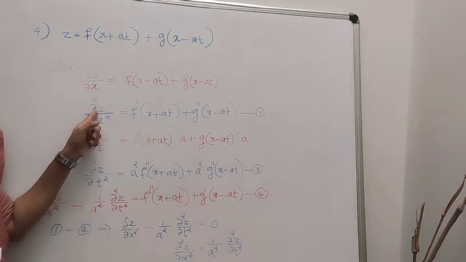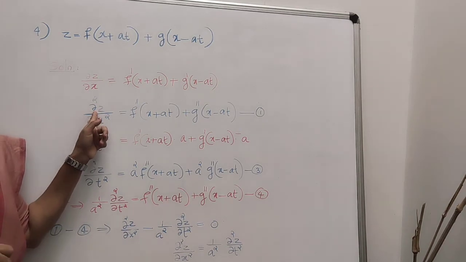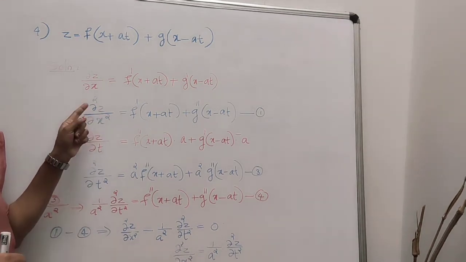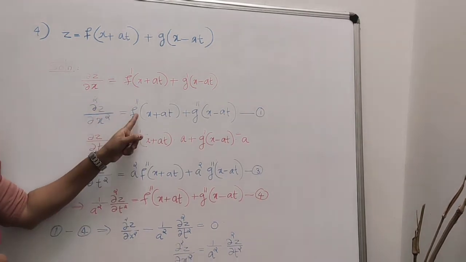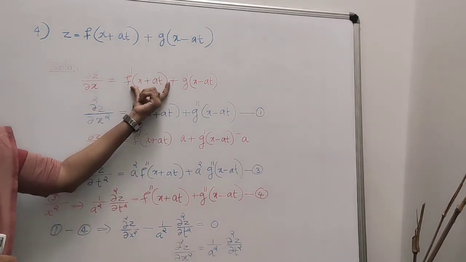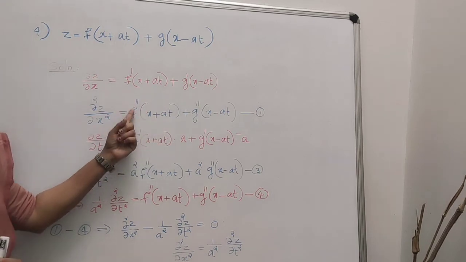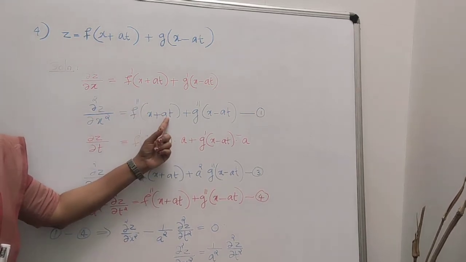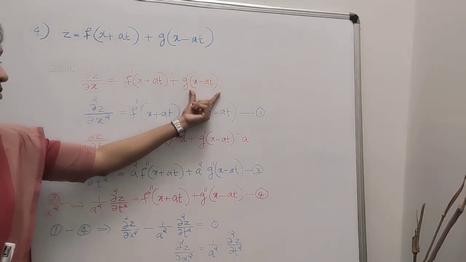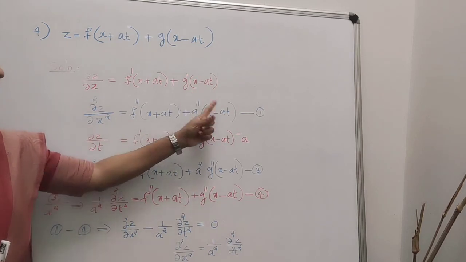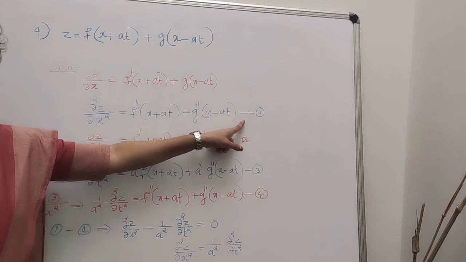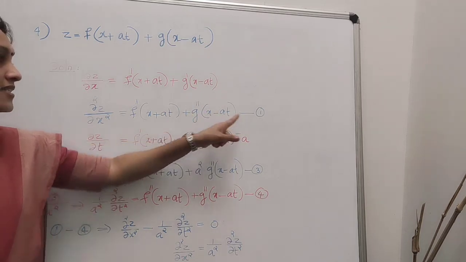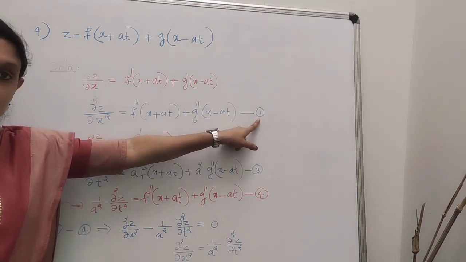Now you take the second derivative, dou square z by dou x square. Again similarly you differentiate. f dash of something's derivative is f double dash of something, plus g dash of something's derivative, g double dash of something. The derivative of something is 1 here in this case, and this equation can be taken as equation number 1.